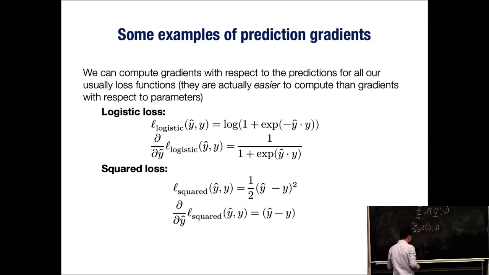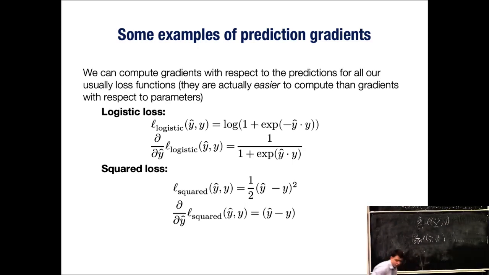This is the way that I want to adjust all my different predictions. I'm going to do this for all i. I'm going to call this a new vector, g_i. And so g could be a vector of all my gradients with respect to my predictions.